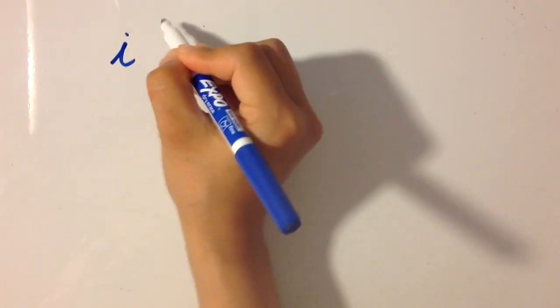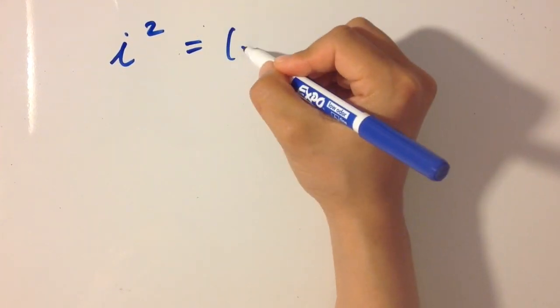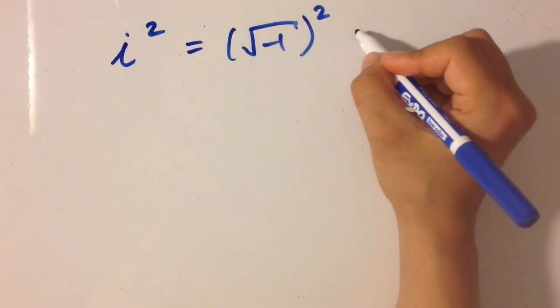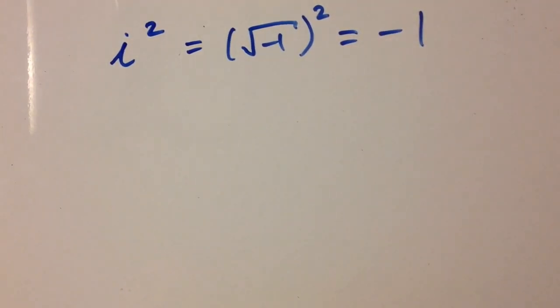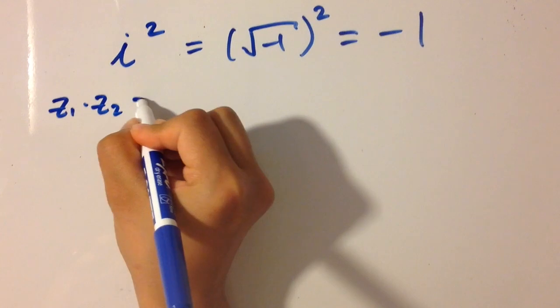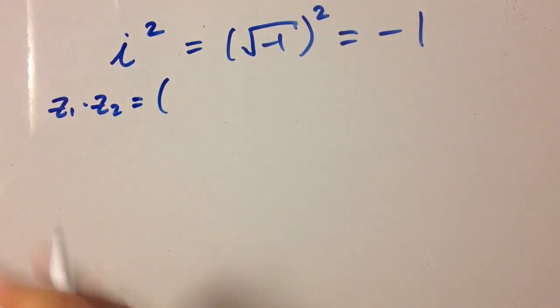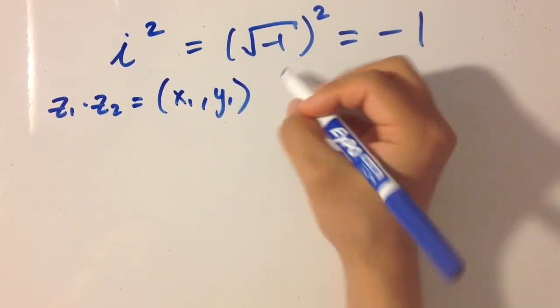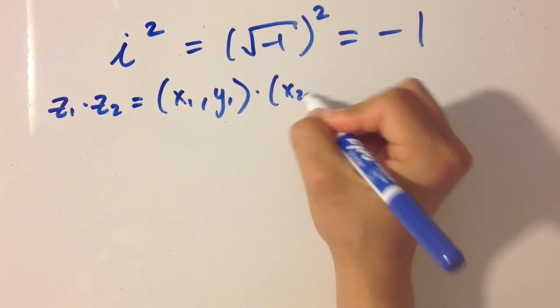If we were to square the imaginary number, we would have square root of minus 1 to the power of 2, which turns out is just equal to minus 1. Using this relation, we can derive the product for complex numbers. If we had z1 multiplied by z2, we know that writing in coordinate pairs, we have z1 is equal to x1, y1, and z2 is equal to x2, y2.